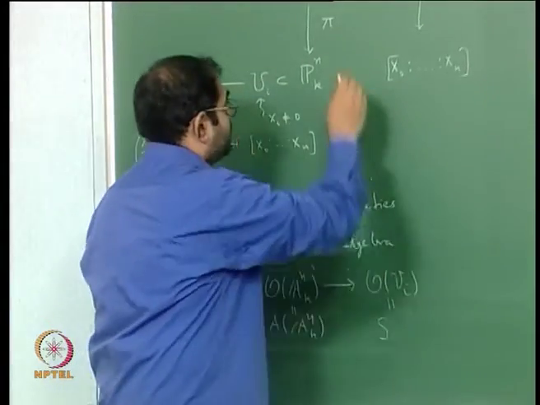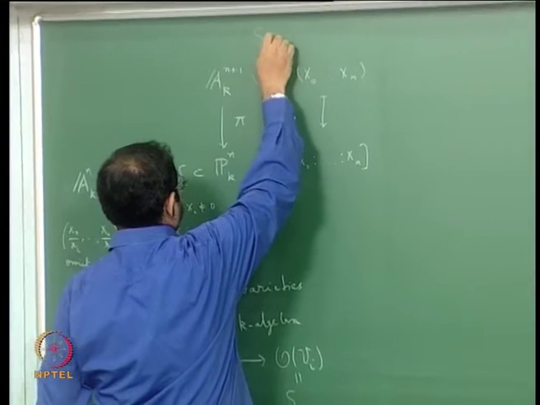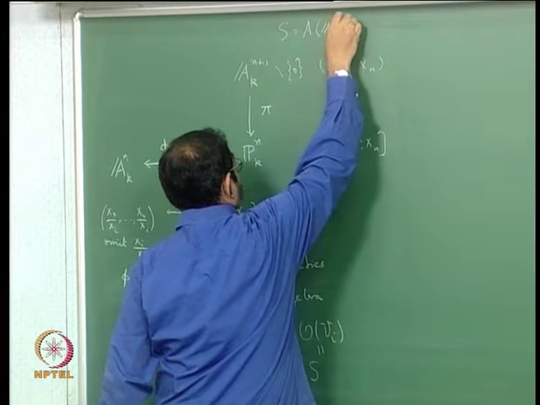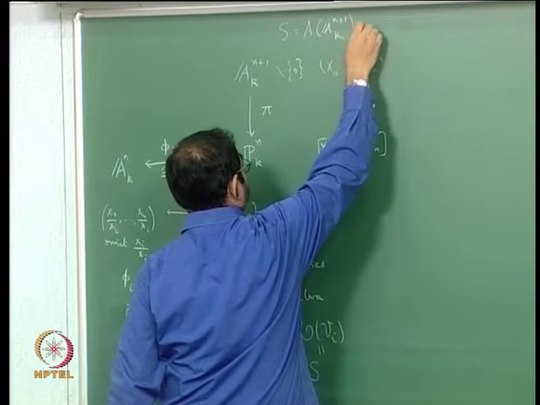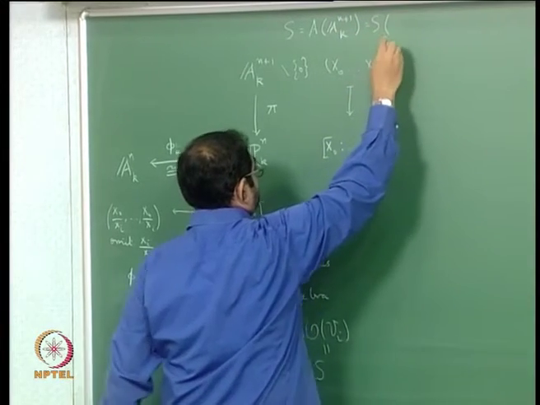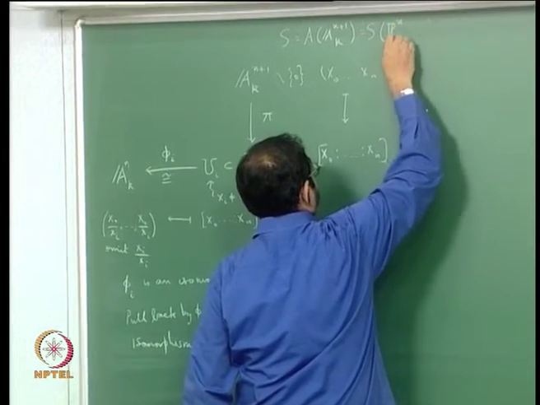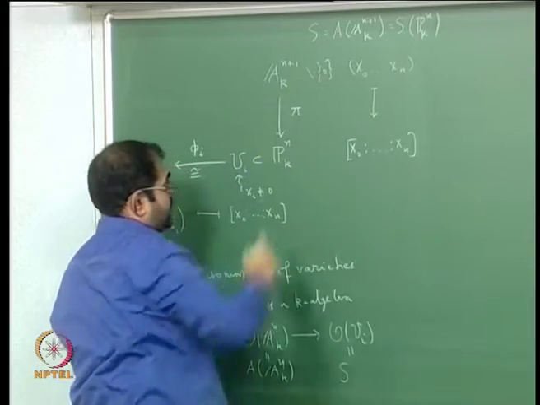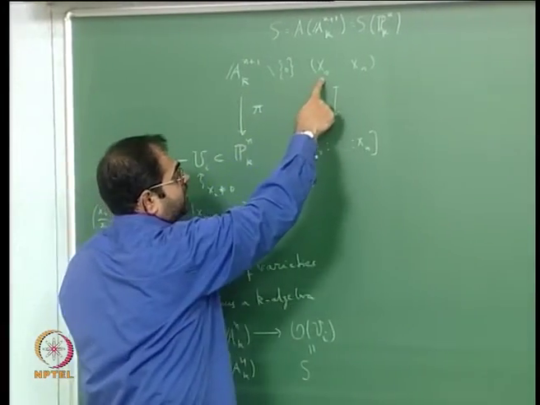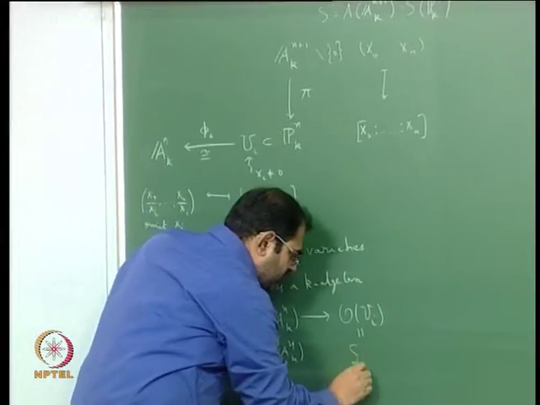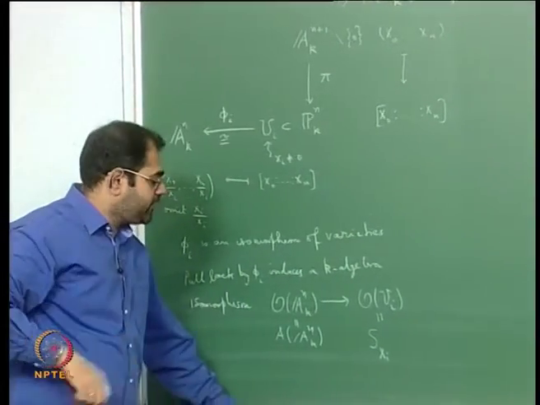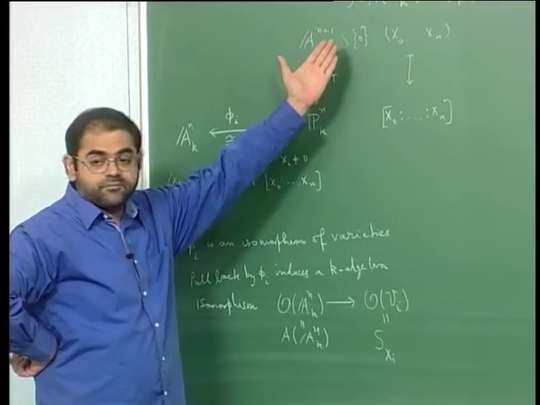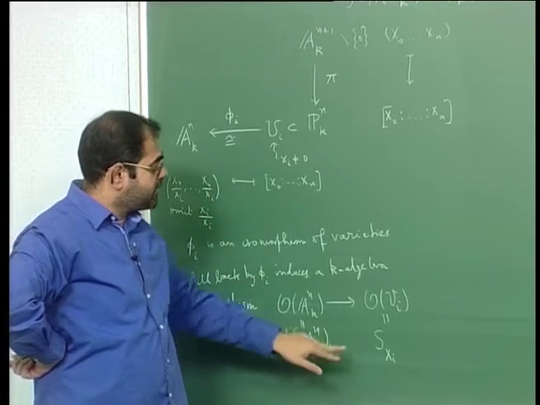Which means that you call S the affine coordinate ring of affine n plus 1 space, which is also called the homogeneous coordinate ring of the n dimensional projective space. That's just the polynomial ring in the variables x0 to xn, and you localize it with respect to xi. S has a natural grading, given by degrees of homogeneous polynomials.